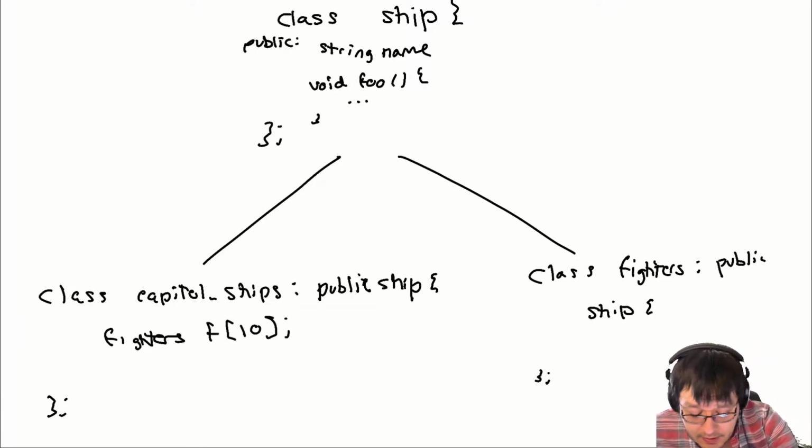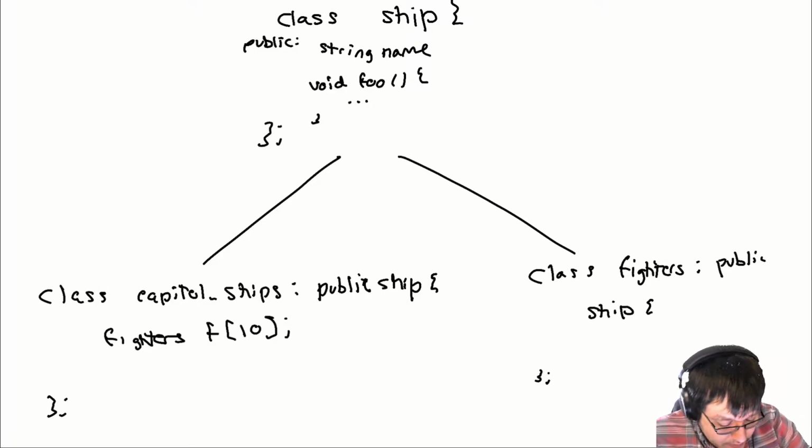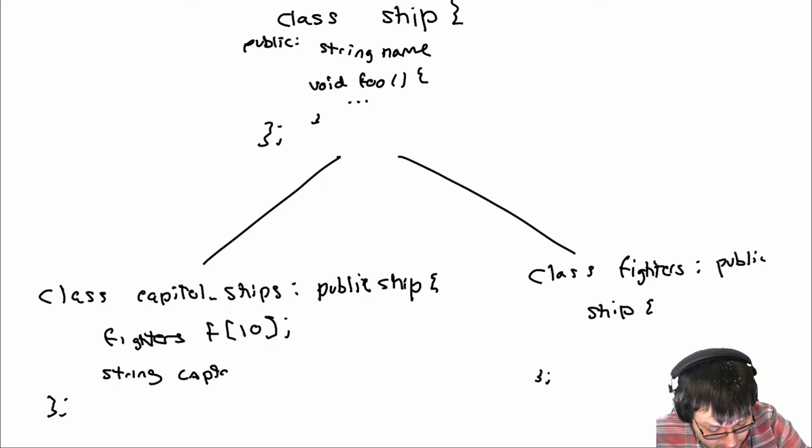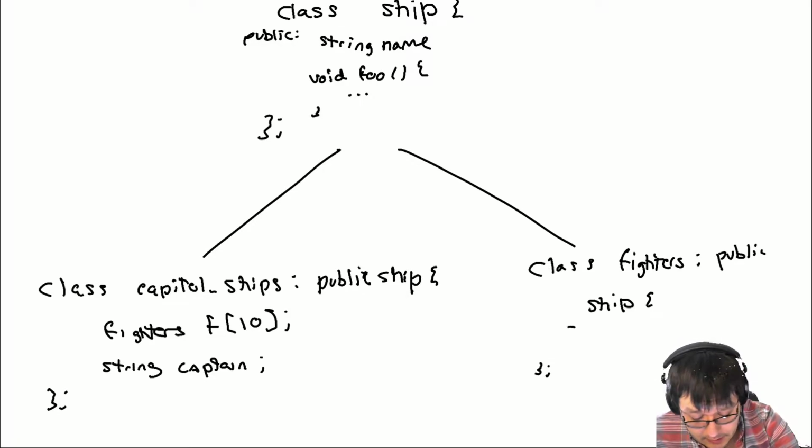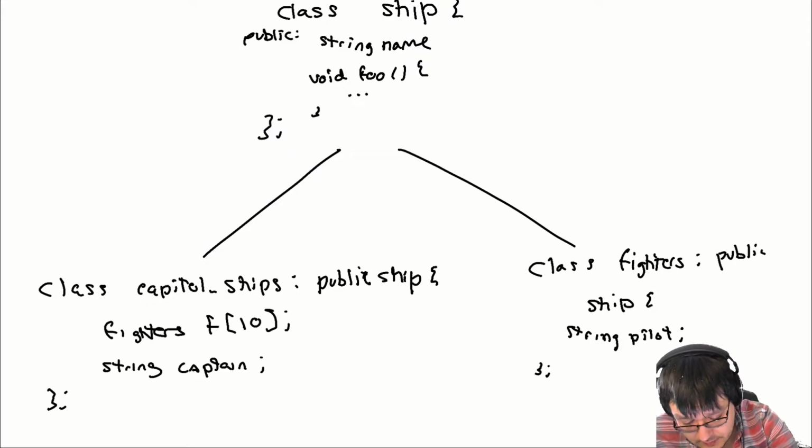And then the ship has a pilot. So this one we can say string captain, and that's actually the name of the captain. We'll leave it not initialized at all. And then the ship might have a pilot, and maybe it also has gunners, like a gunner seat.